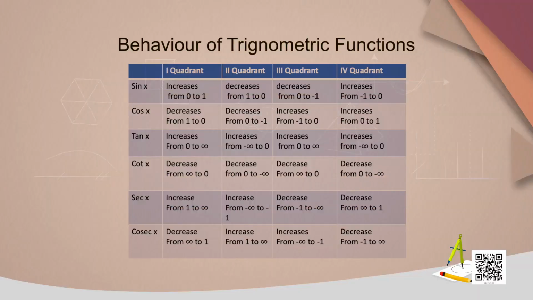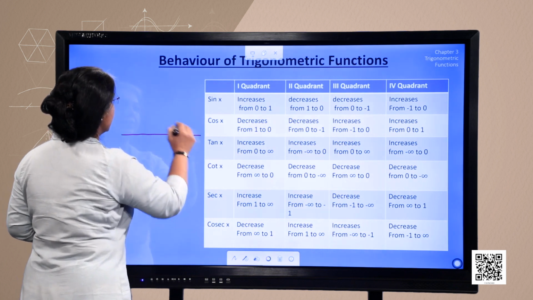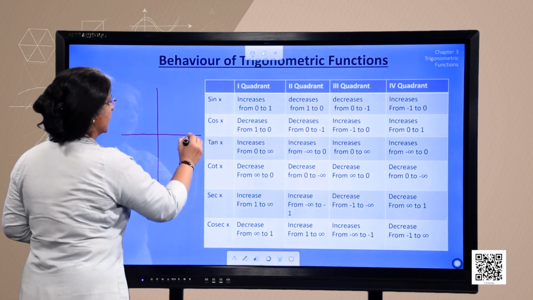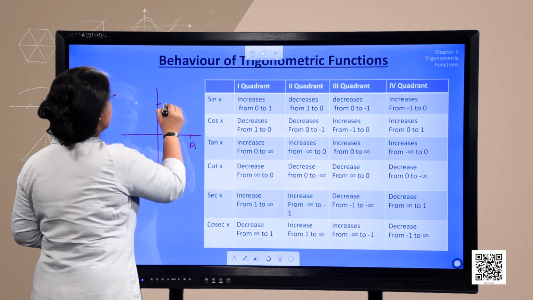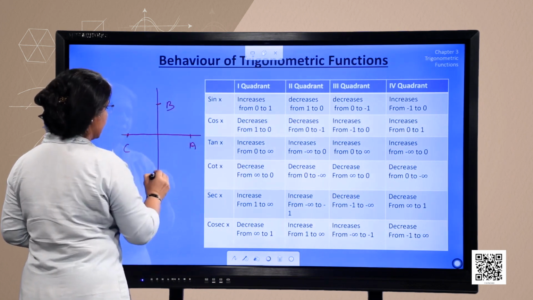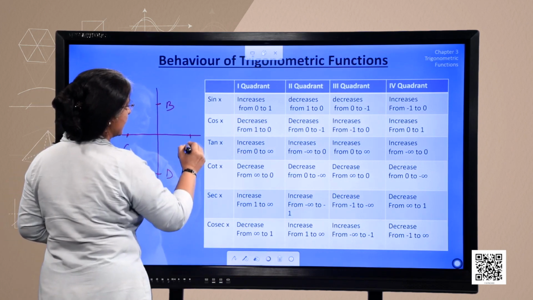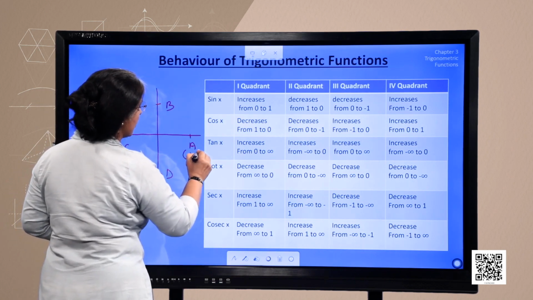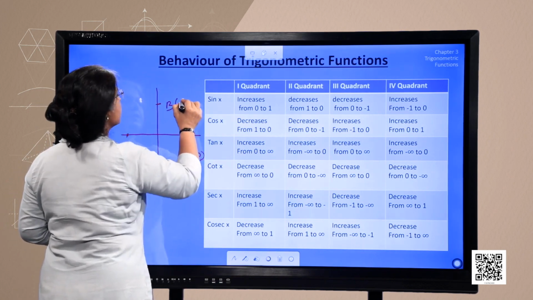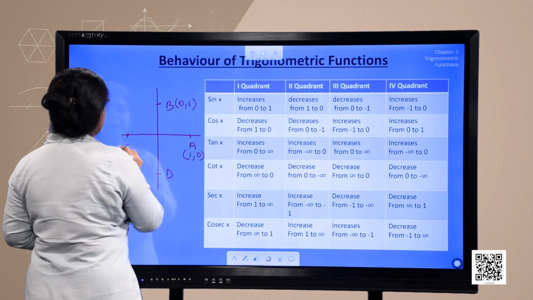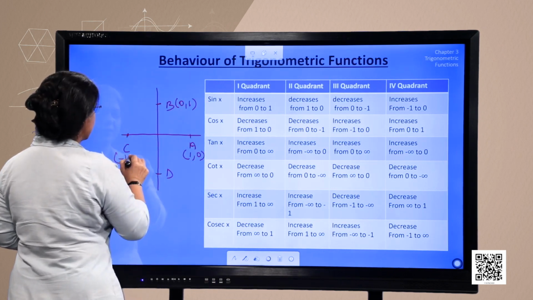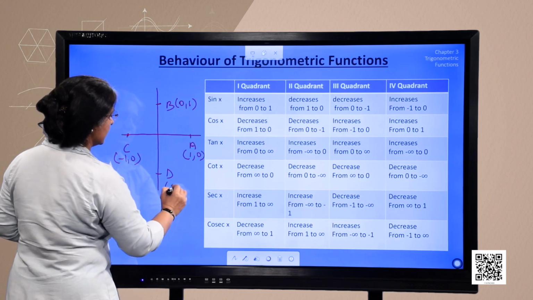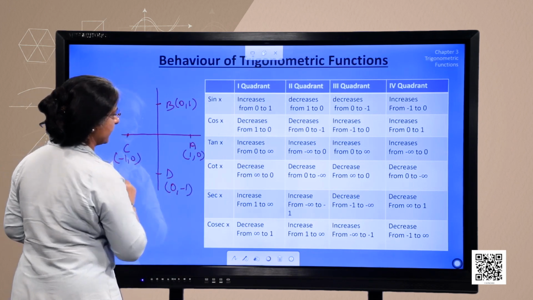So, students, we can easily observe from the previous discussion the behavior of trigonometric functions. With the help of this diagram, if you remember, the points A, B, C, D have coordinates: A is 1, 0, then 0, 1, then minus 1, 0, and 0, minus 1.